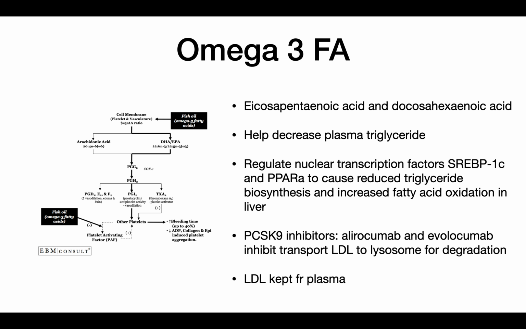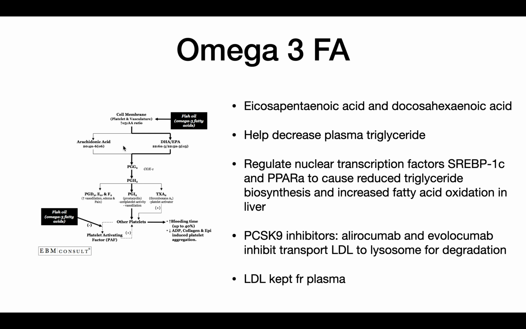Okay, so omega-3 fatty acids are eicosapentaenoic acid and docosahexaenoic acid. So this is going to be a 20 carbon chain. I think this is 10, but they are very large, long chain fatty acids, and they're going to decrease the plasma triglycerides.